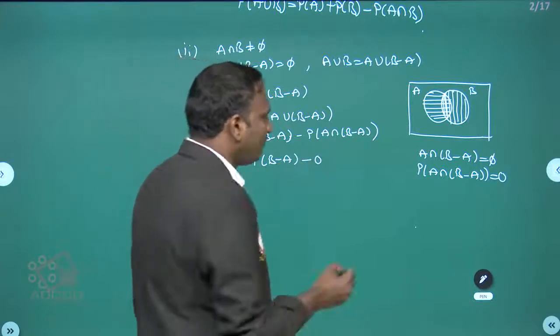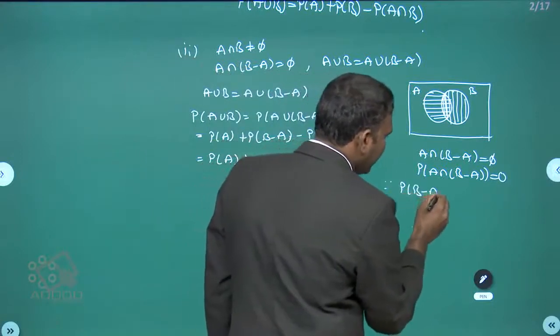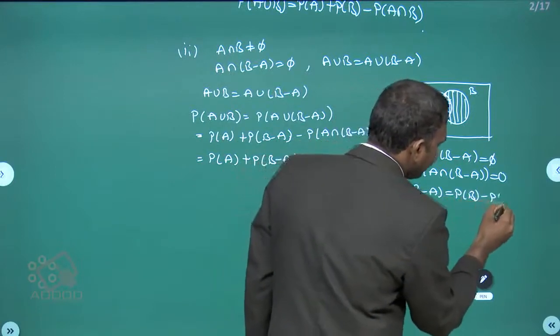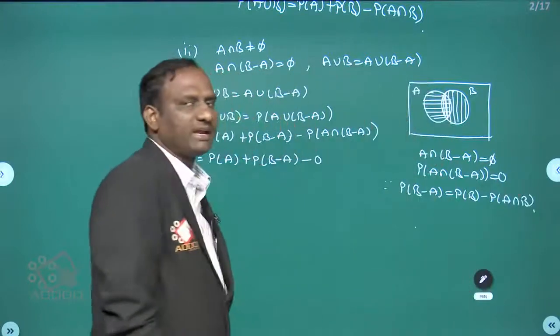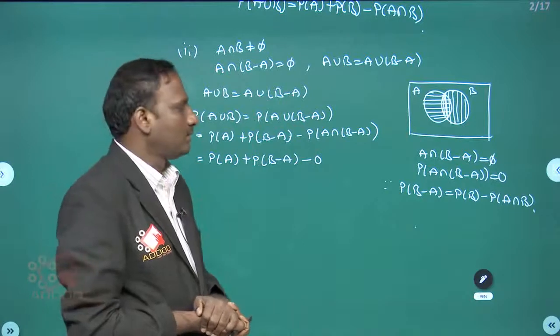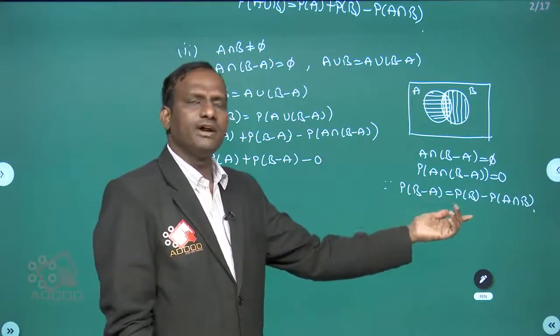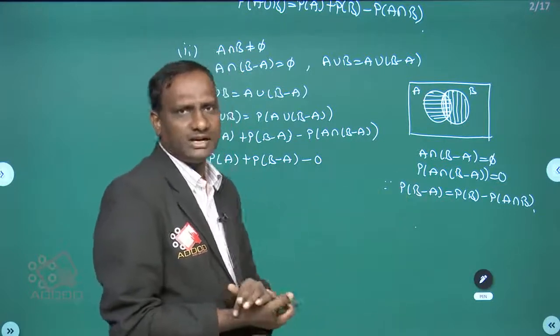By a well-known property, P of B minus A can be written as P of B minus P of A intersection B. We also have that theorem in our textbook, so we can apply it directly.